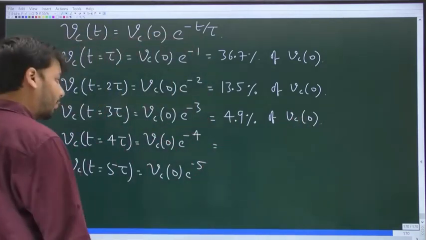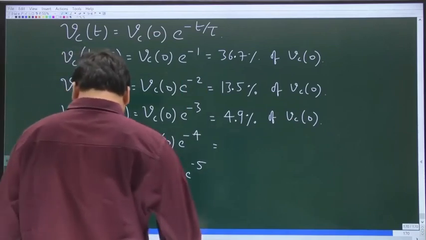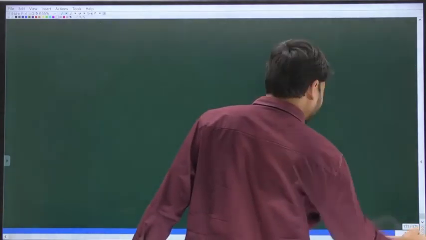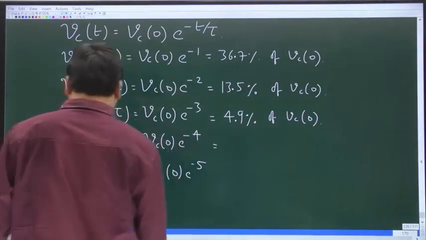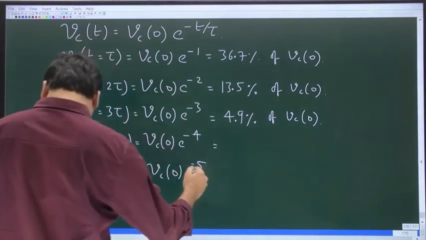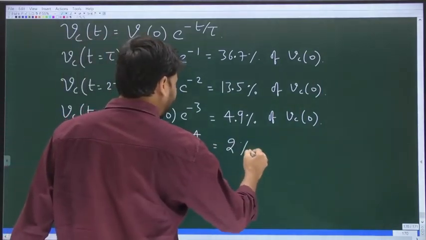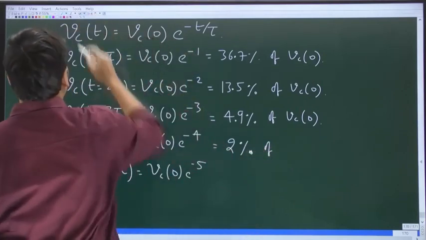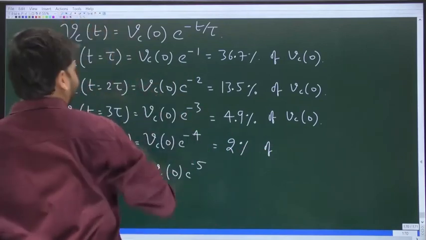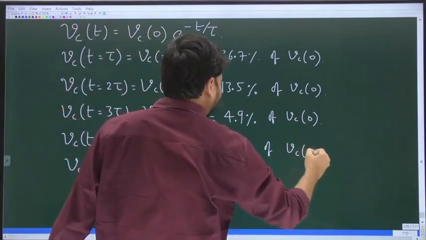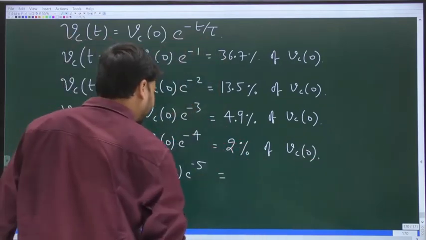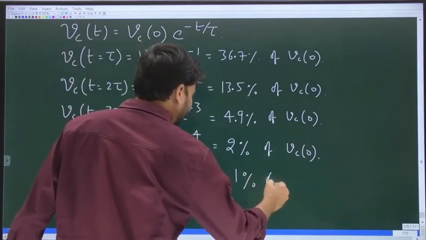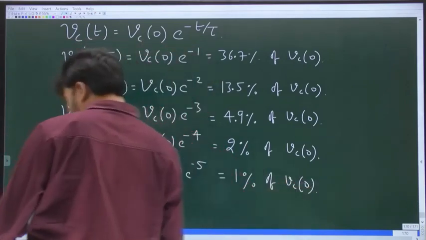If you wait for 4 time constants, it will become roughly 2% of its initial value. And if you wait for 5 time constants, it will become roughly 1% of its initial value.